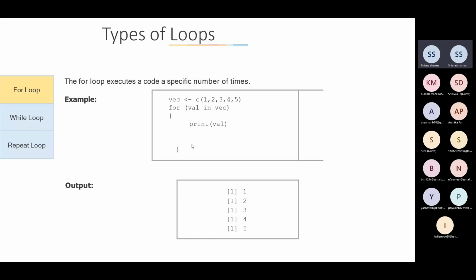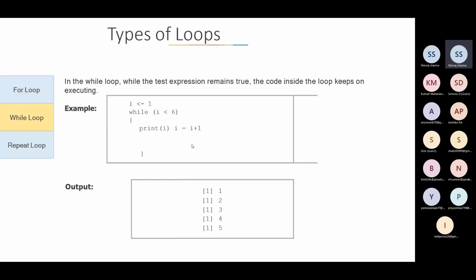Now moving ahead to the while loop, which runs while the test expression remains true. We saw that the for loop runs for a particular number of iterations. But while loop is used when you want to test the expression on the basis of true and false.